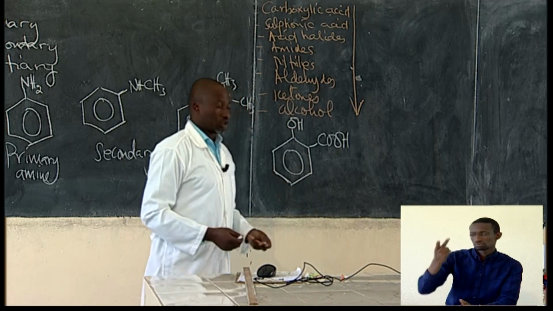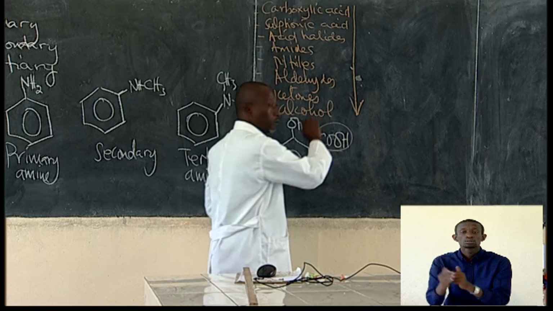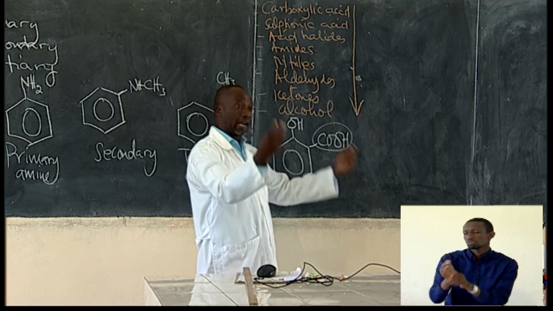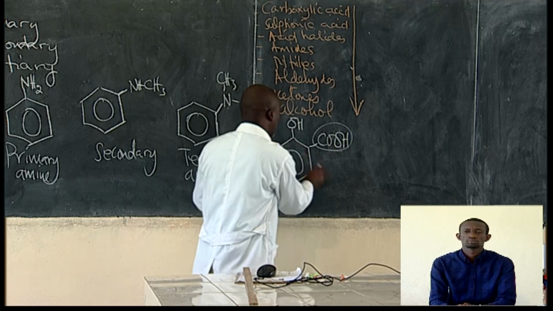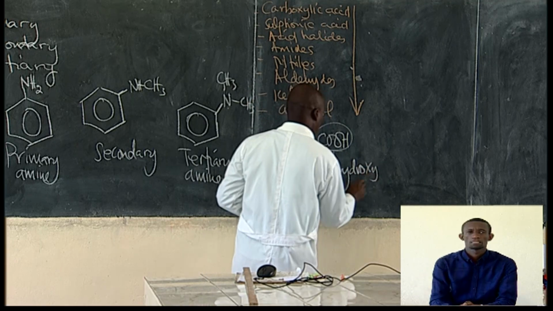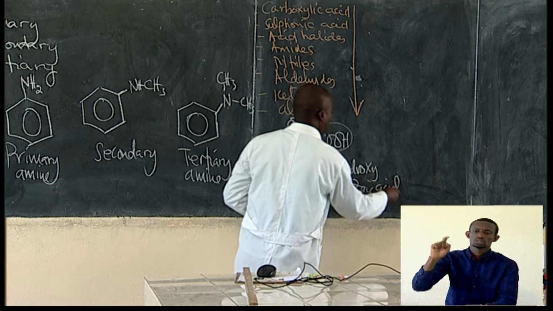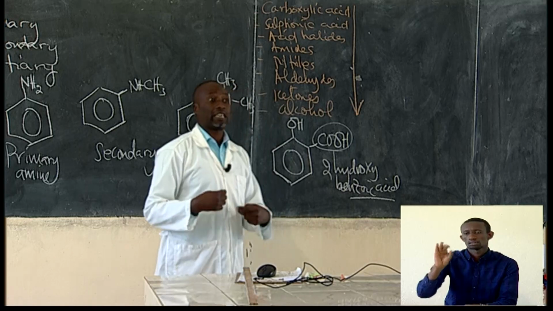There are two, so because of this order, the compound will be a carboxylic acid, and this will be 2-hydroxy benzoic acid, with the hydroxy as the substituent.